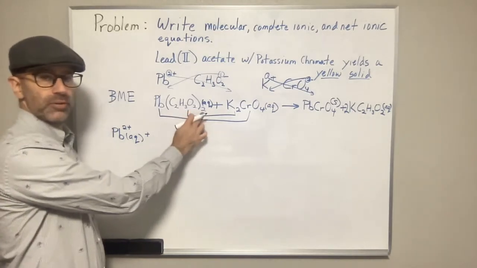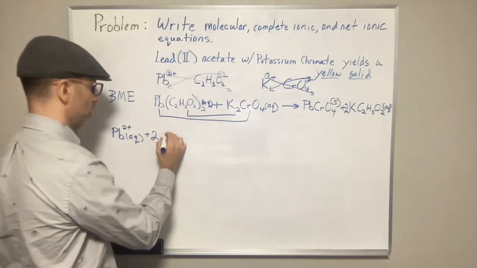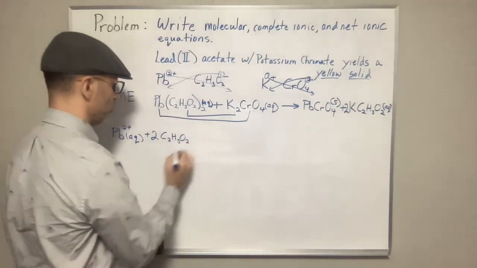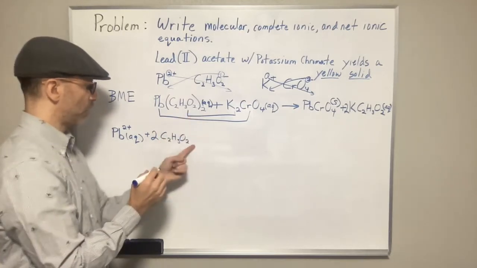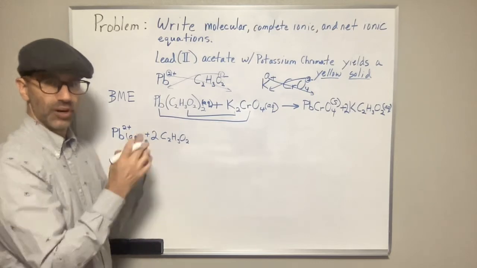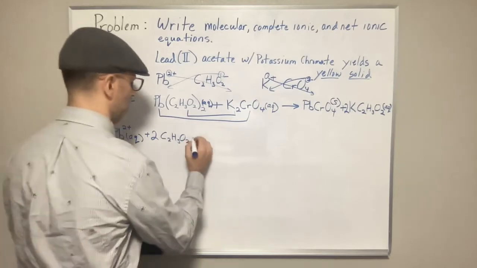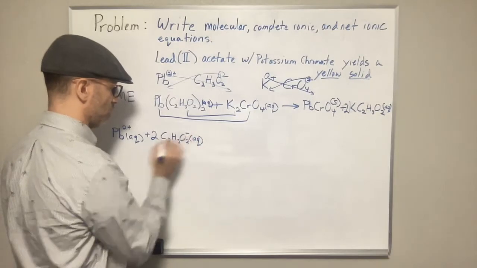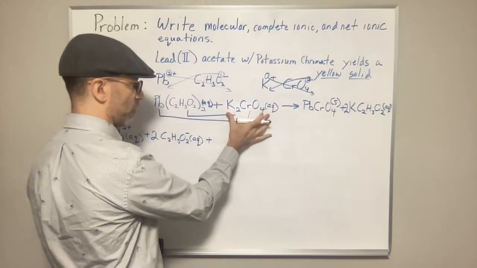The subscript becomes the coefficient, so we're going to have 2 C2H3O2. If we write the 2 down here, that's going to indicate that the 2 acetate ions are together, but they're not together, they're separate. So we write it as a 2 coefficient, and we have aqueous here, and the charge minus.